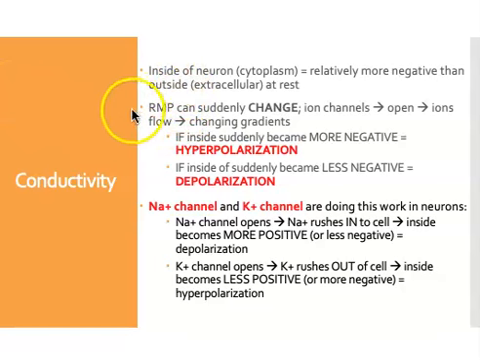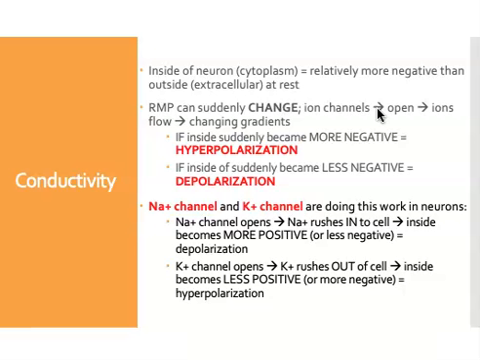On this slide, I have resting membrane potential abbreviated as RMP. RMP can change very suddenly because of the presence of ion channels in the membrane. When an ion channel is opened, ions are going to flow, remember, down their concentration gradient.